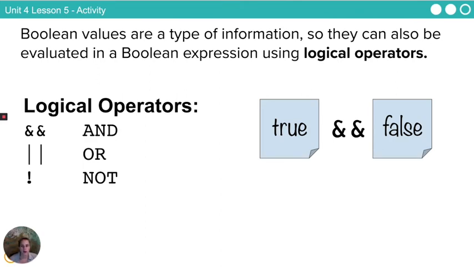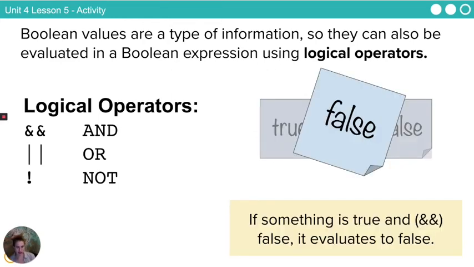So Boolean values are a type of information, and they can also be evaluated in a Boolean expression using logical operators. Logical operators, here's a new vocabulary term, are and, or, and not. On our computer, when I say and I say something is true and false, it evaluates to false.